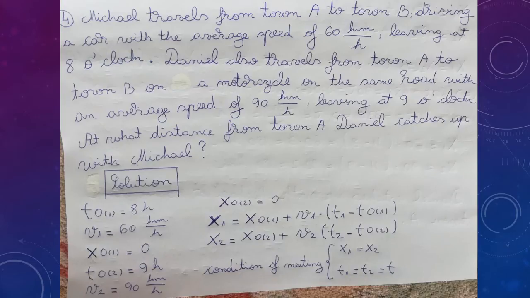We apply the law of rectilinear motion with constant velocity and obtain the equations of Michael's and Daniel's positions.